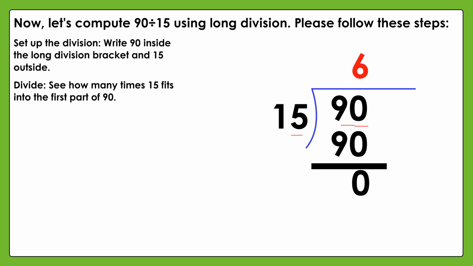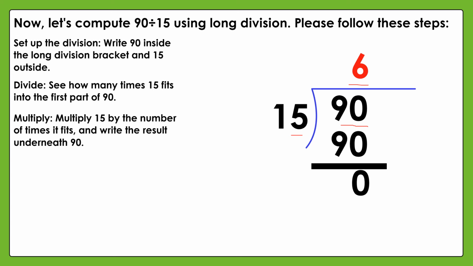So 90 divided by 15 is equal to 6. Third, multiply 15 by the number of times it fits and write the result underneath 90. 15 times 6 is equal to 90.